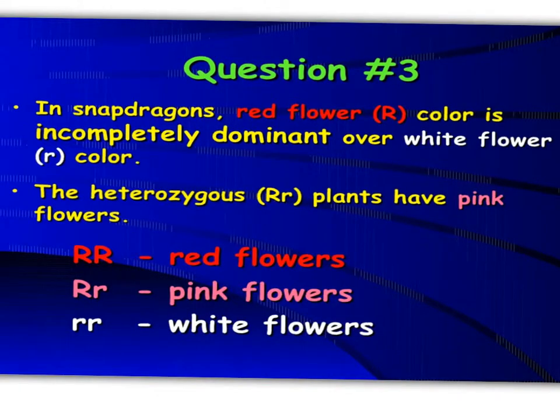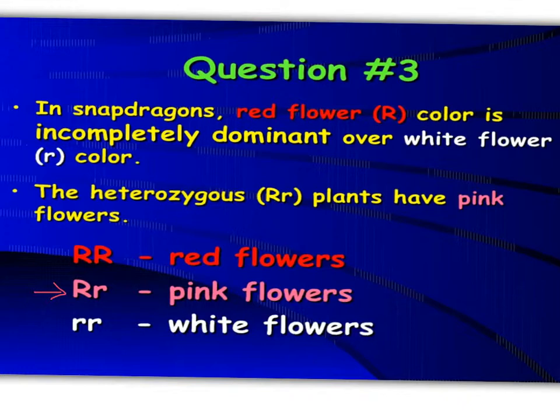In our second type of genetics problem, we will be looking at a trait that is known as incomplete dominance. In an incomplete dominance problem, the heterozygous state will be different from the homozygous traits. A classic example is in snapdragons.